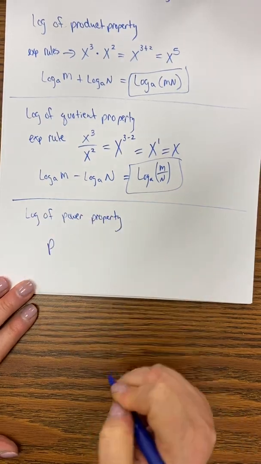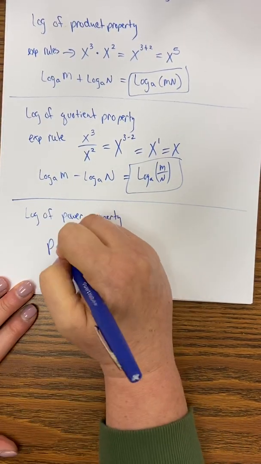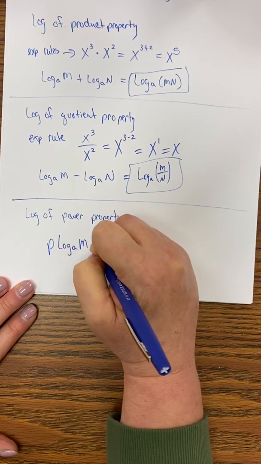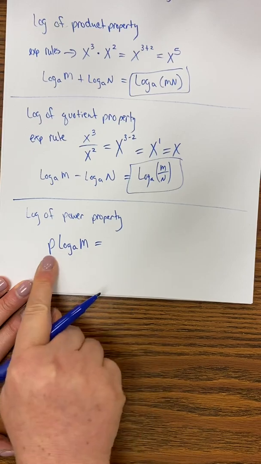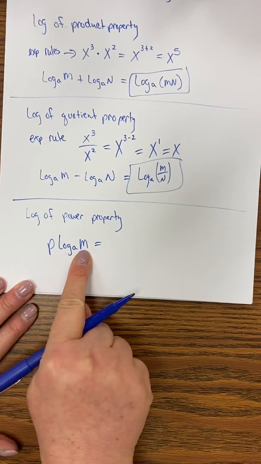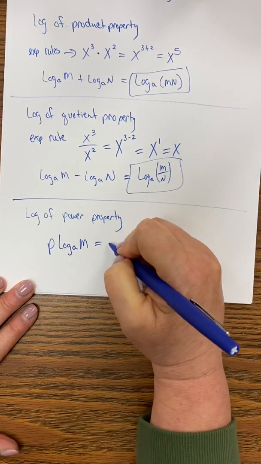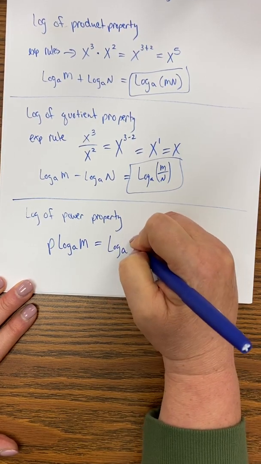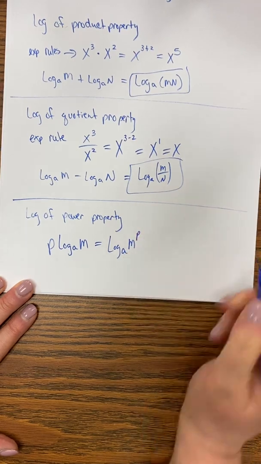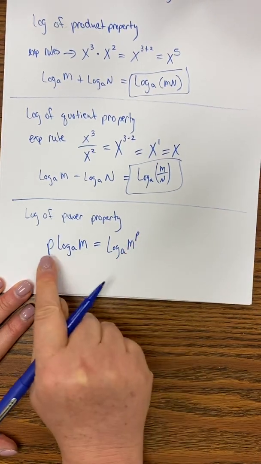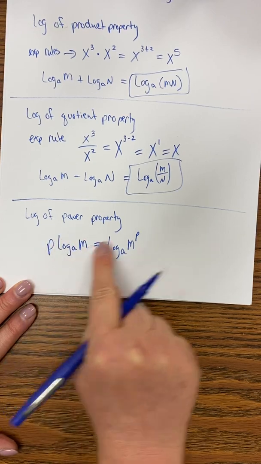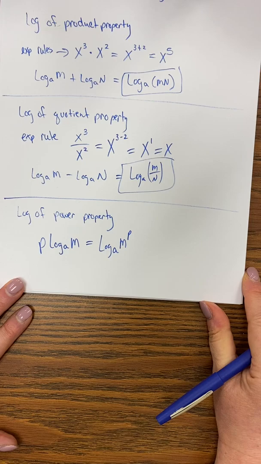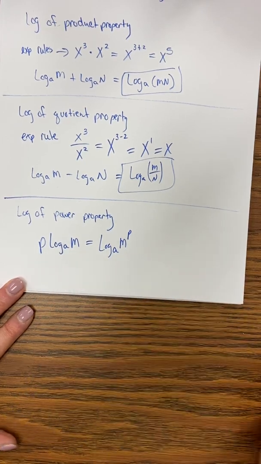If I have a coefficient of P, and then times log base A of M, then my answer is log base A of M to the P power. So I take this coefficient and it becomes the exponent of that M. Okay, so that's the power property.